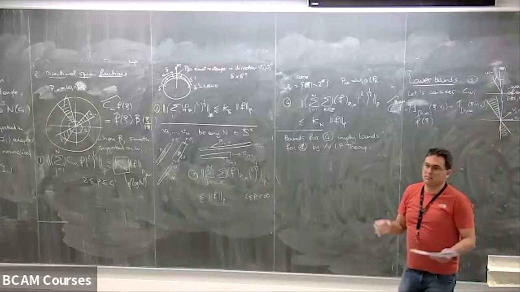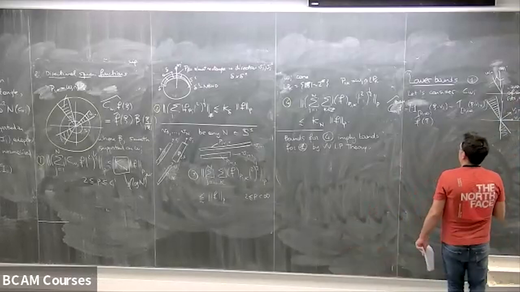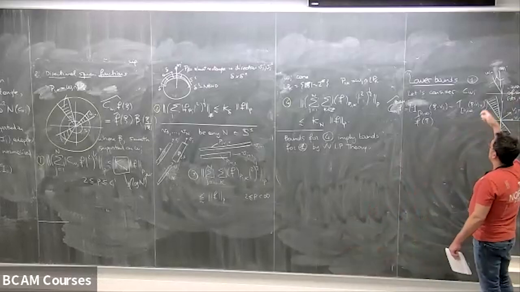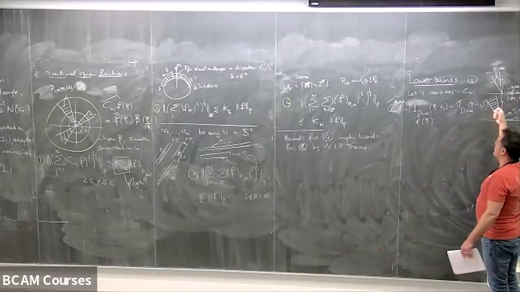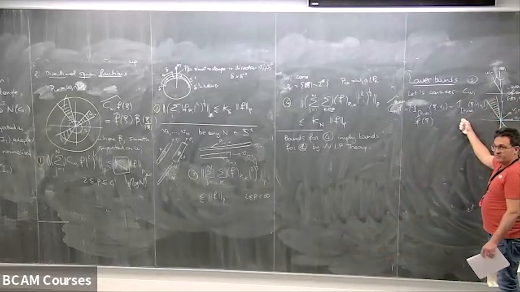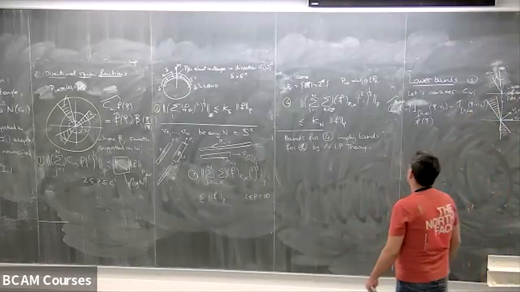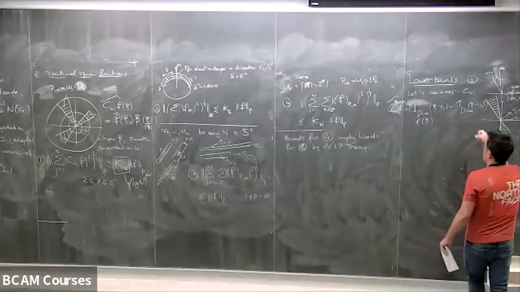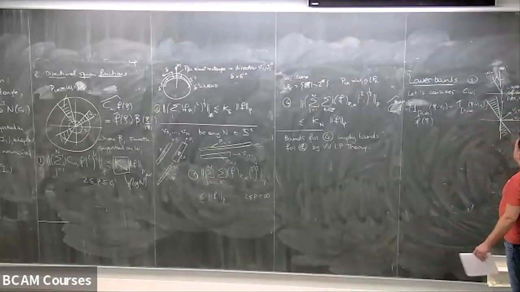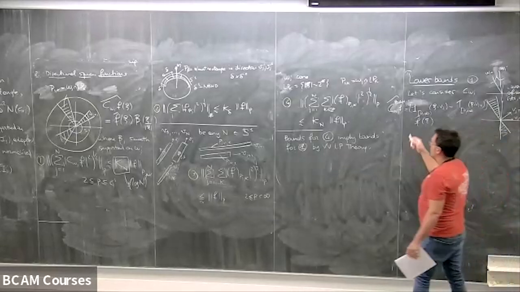I'm not going to write the formula because you don't really need it. The point is, lower bounds for the smooth will follow from lower bounds for the rough, once we establish them.